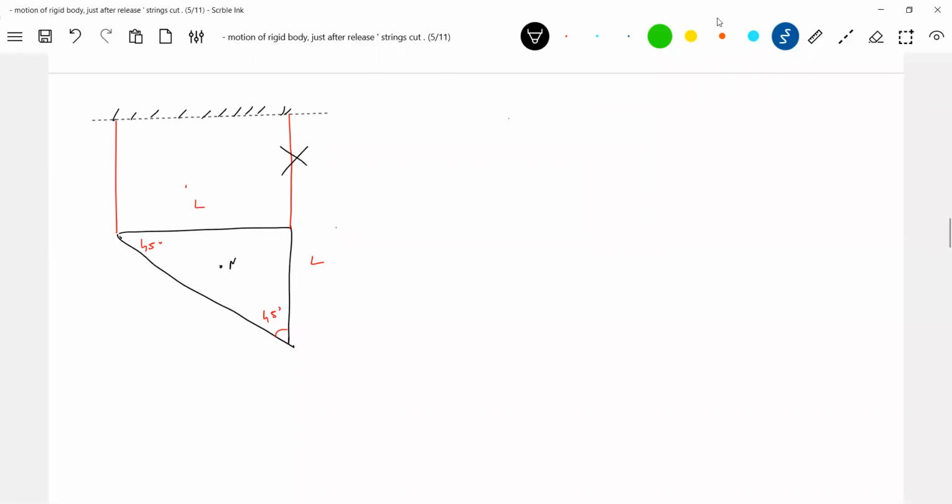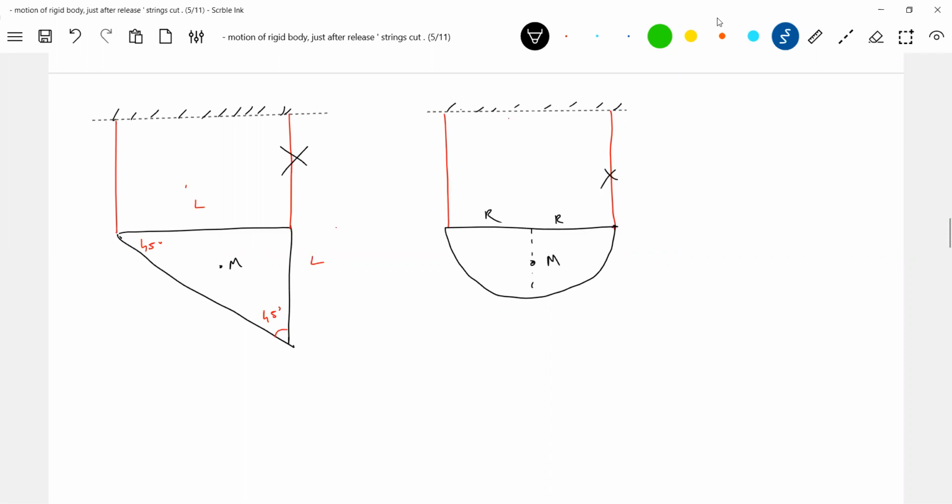So mass of the plate be M. Next I'll go for the semicircular plate. Mass M. I'm going to cut this string, so you have to calculate the tension in the left string here.